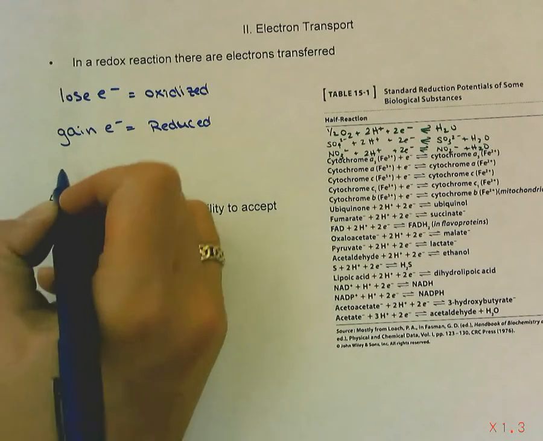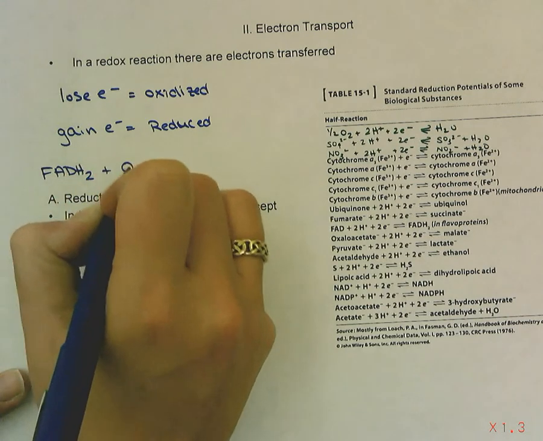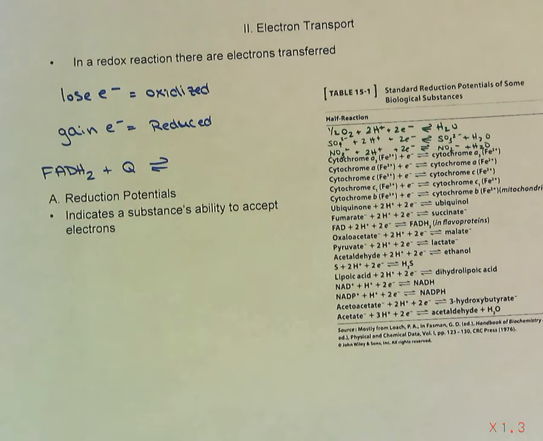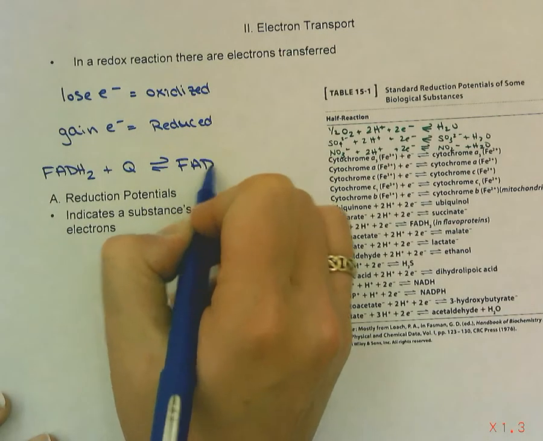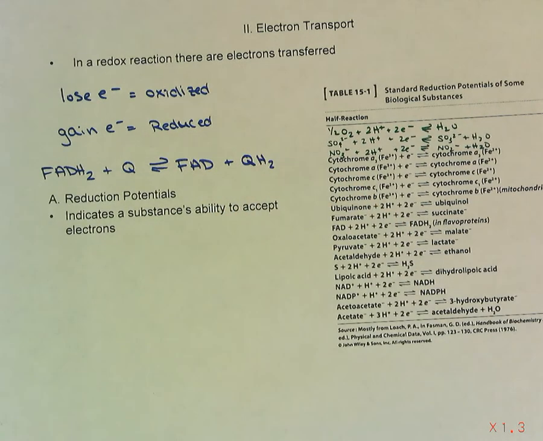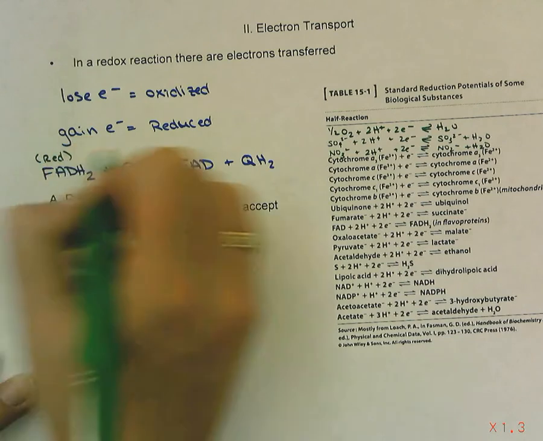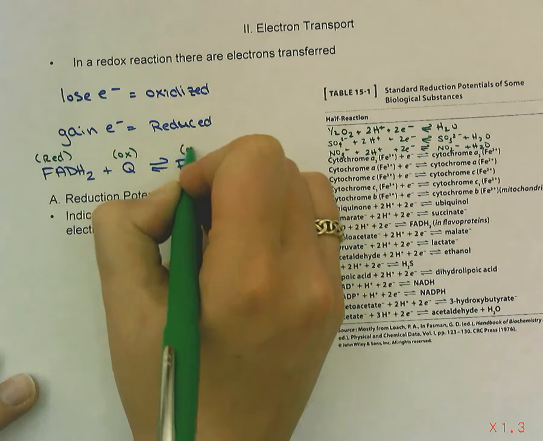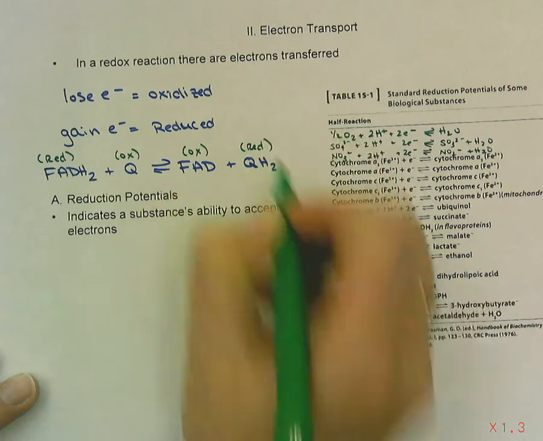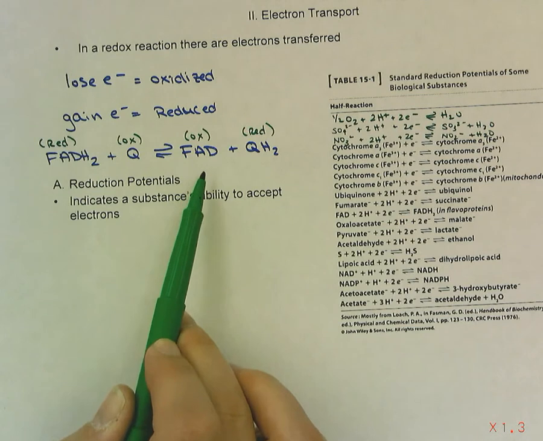So if I look at this example, we know that FAD is the oxidized form of it.